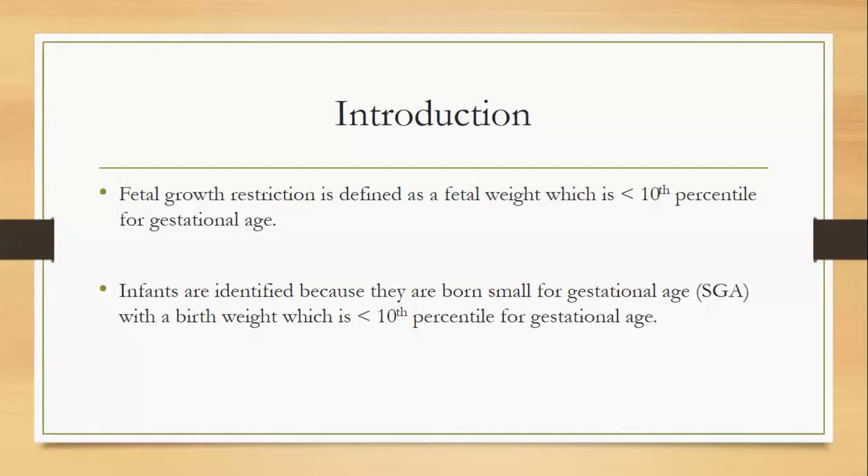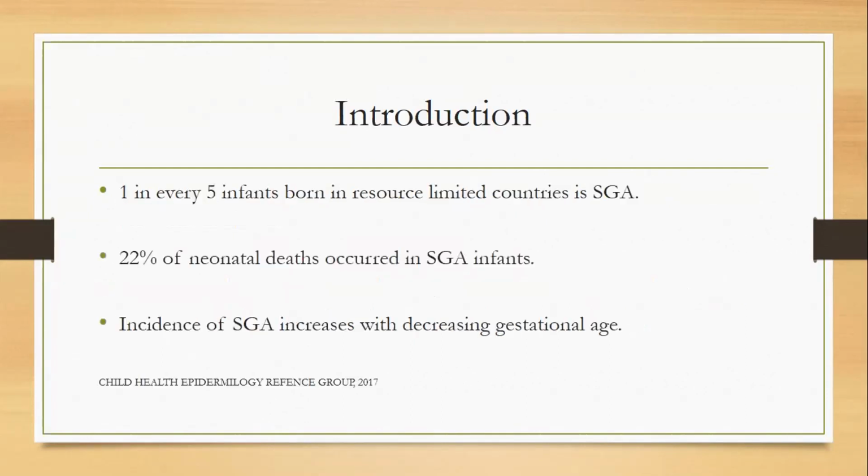So, like what Dr. Slashfire had said, small for gestational age and fetal growth restriction are not necessarily synonymous, but in areas where there's a high prevalence of small for gestational age.